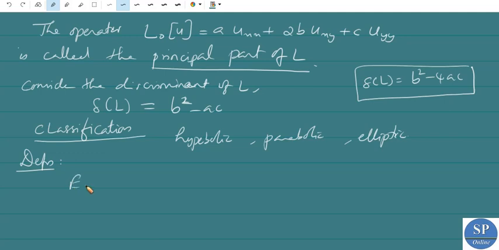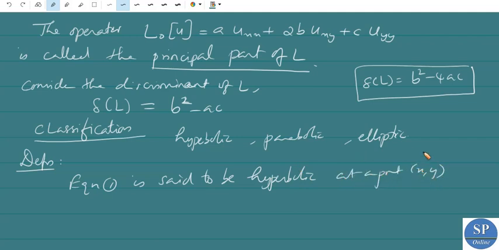Equation 1, that is our PDE 1, is said to be hyperbolic at a point xy if delta L of xy is greater than 0.